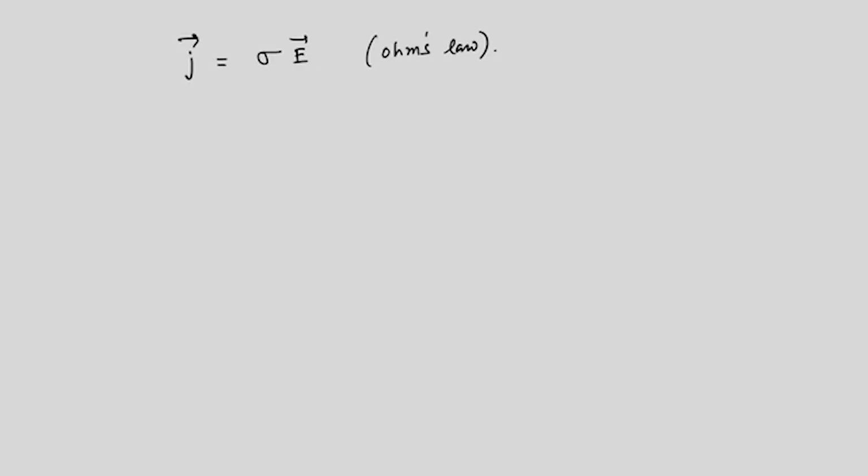If you consider that you have a J that's only confined in the xy plane, then this sigma is actually called the conductivity tensor, and sometimes we'll write it with a double-headed arrow, but even if we don't, always understand that this is a tensor.